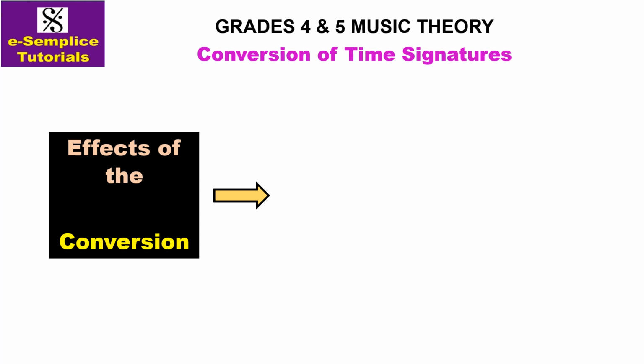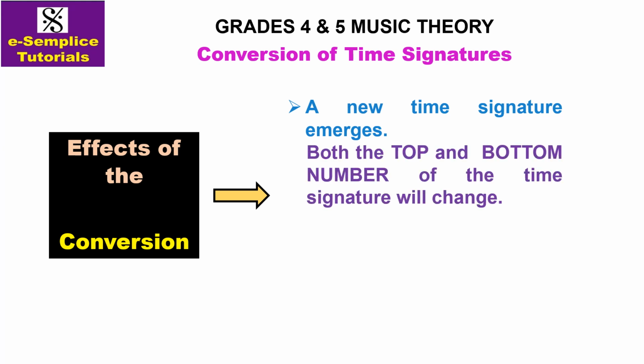Effects of the conversion. A new time signature emerges. Either way, converting from simple to compound or compound to simple time signatures, a new time signature will emerge. Both the top and bottom number of the time signature will change.